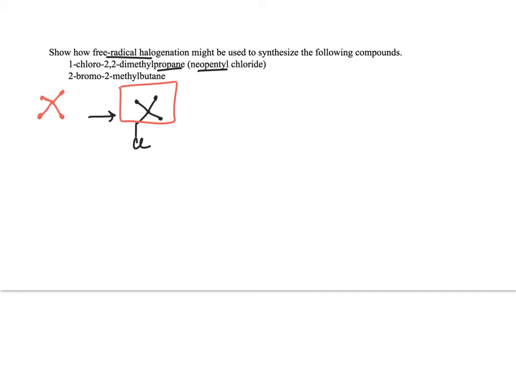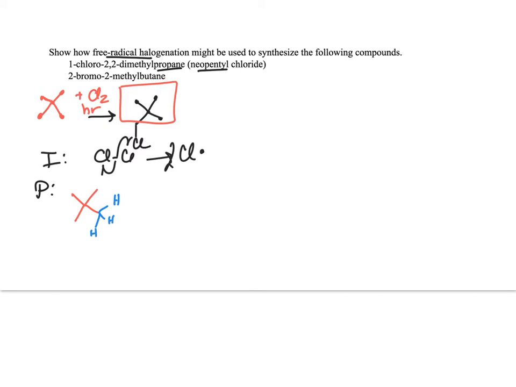And in the last chapter, we learned that we can add chlorine and light, and we can do an initiation reaction, which creates the chlorine radical. And then we can do a propagation reaction, where the hydrogen will get abstracted.